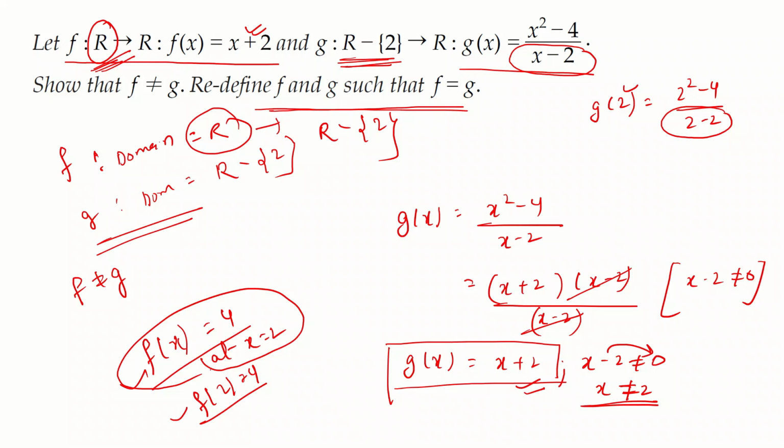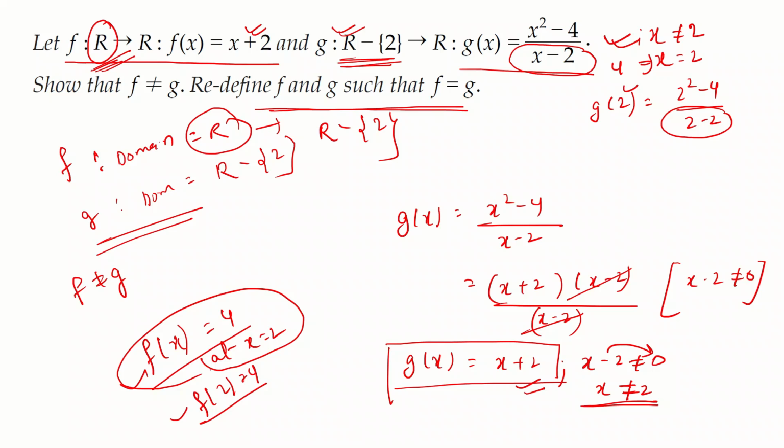Alternatively, you can keep the domains of both the functions as R. That means you keep the domain of g as R, but you define it separately: when x is not equal to 2, you take g(x) as this, and if x is equal to 2, you take g(x) is equal to 4.